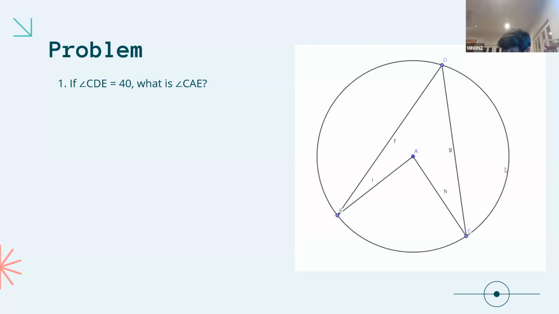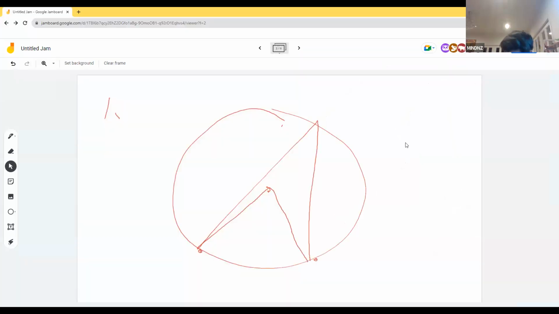We'll switch to the Jamboard. And by the way, I've swapped the third slide of the Jamboard. This is what we had, and we knew this was 40. Yep. Okay. Jackie, do you want to present? You can draw.